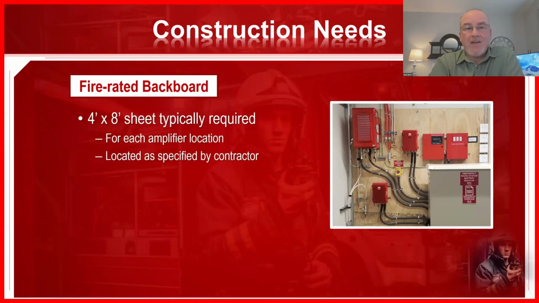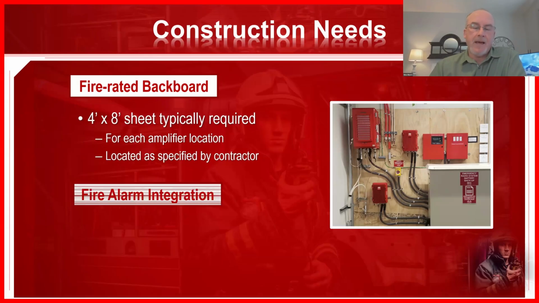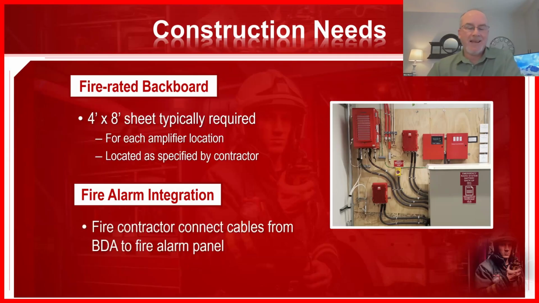Usually 4x8 is needed. I know we all want to reduce the space, but when you've got all these pieces of equipment to mount, it generally takes up that entire sheet, and the contractor can help you determine where you need that.